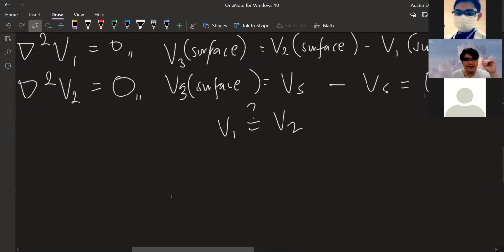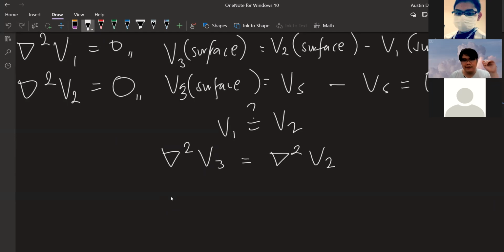Okay. So, kunin ko ngayon yung Laplacian ni V3. And that gives me the Laplacian of V2 minus Laplacian of V1. Ayan. So, alam ko from here na 0 na agad to. And I can further support this claim that each element, V2 and V1, each of their Laplacians are 0 also.